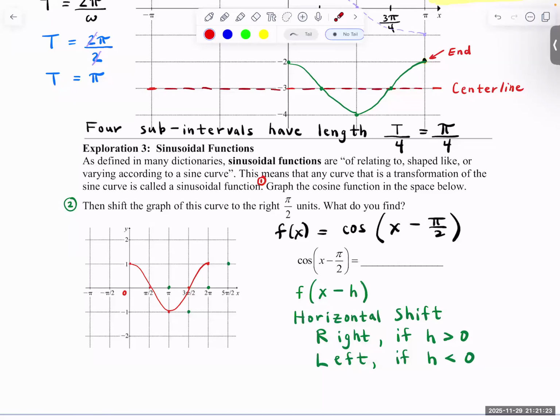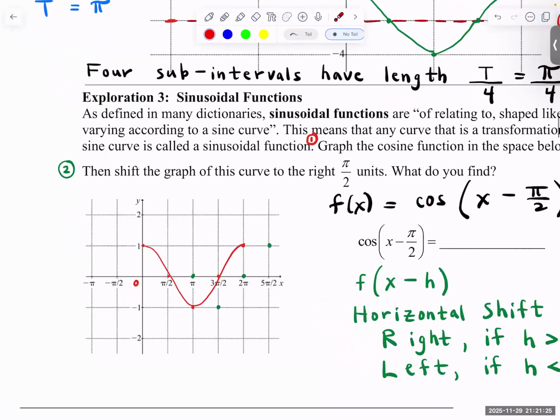Now, if we take those 5 key points and shift them to the right by pi over 2, then the first point, which was at 0, 1, will be at pi over 2, 1. The second key point at pi over 2, 0 shifted to the right will give pi, 0.